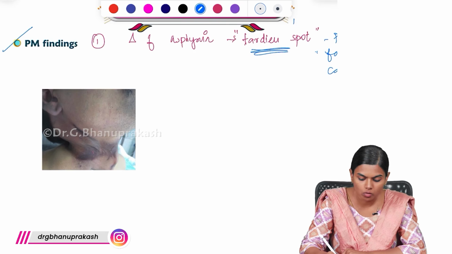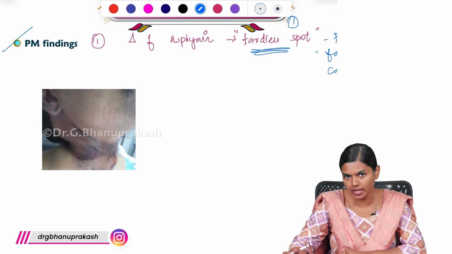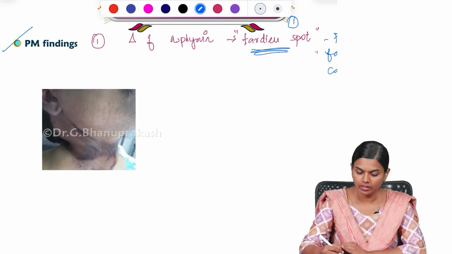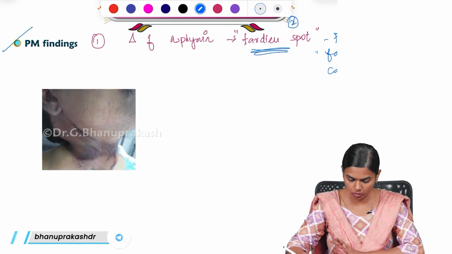This Tardieu spot is one of the important post-mortem findings in all asphyxial deaths, especially hanging. Then you will also see cyanosis and congestion of the internal organs.